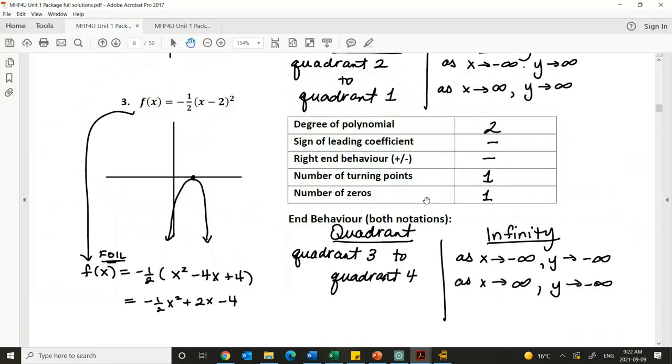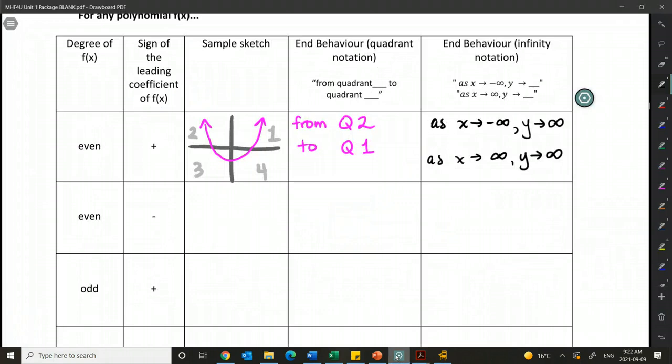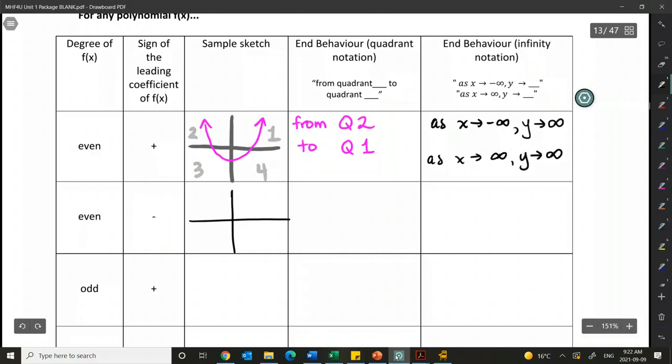So any even degree polynomial that has a negative leading coefficient, whether it's 2, 4, 6, 8, it will follow this general pattern. So here's what it's going to look like. It will be like what we have above, but flipped downward.